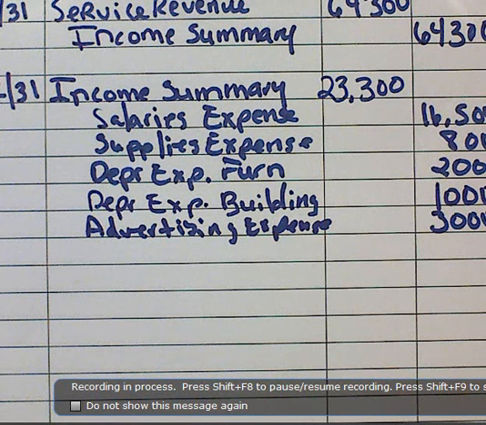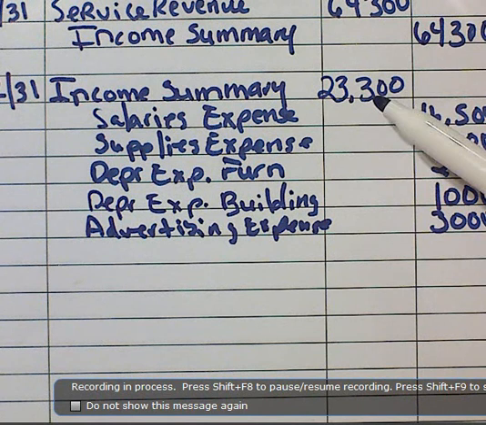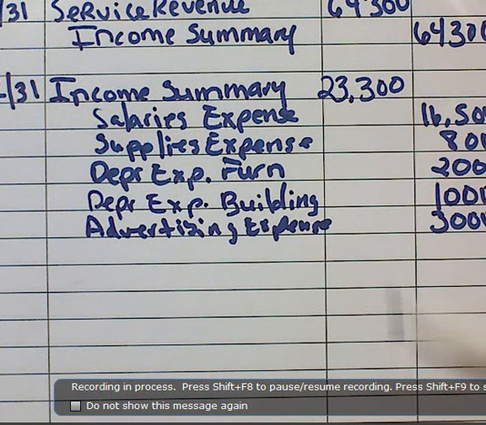Okay, so if you add up all of these credit entries here, they also need to equal whatever you've debited into income summary, which is the $23,300.